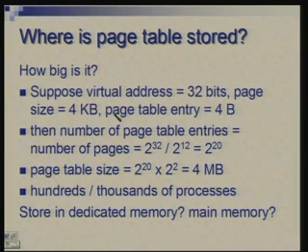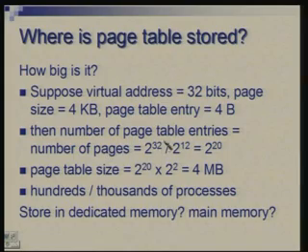Now, what I indicated was that page table entry has a valid bit and physical page number. Actually, apart from this, it may have other information. It may have information about memory protection in context of multiple processes. So, let us imagine that you have 4 bytes of information per entry.